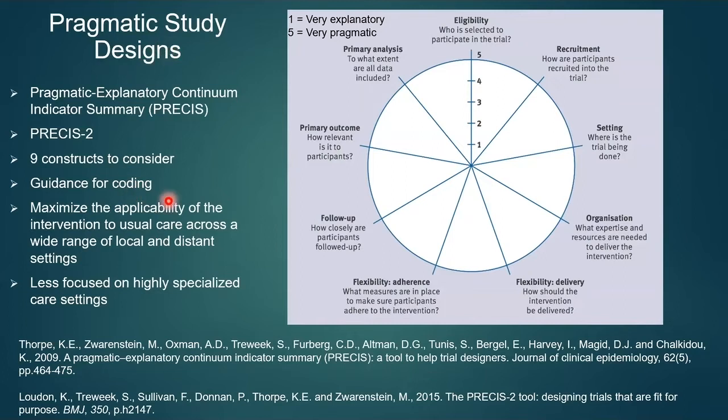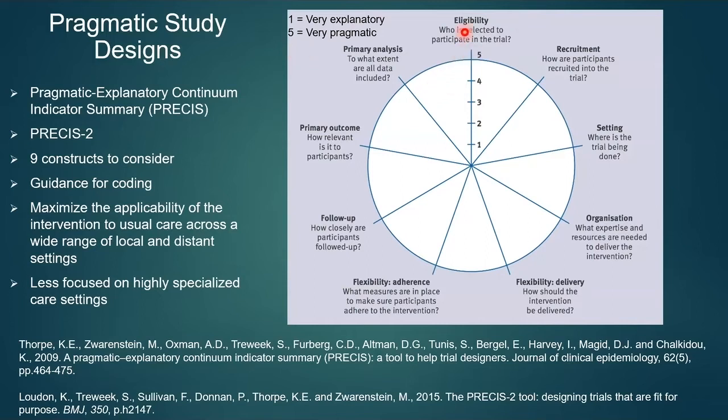And this PRECIS wheel has been proposed, and here are the citations for this. This wheel ranks a study, and you can do this with your own study, with respect to 9 constructs. With each construct, you can rank your study, where 1 means very explanatory, more efficacy oriented, and 5 means very pragmatic.